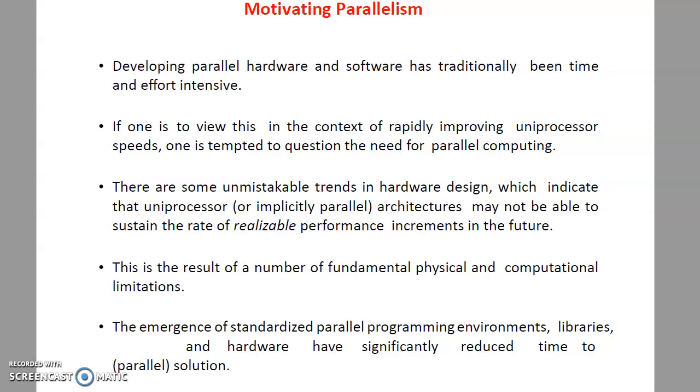As time went on, parallel programming environments, libraries and hardware were designed which made it very easy to develop parallel solutions, reducing the time to develop them. So that also was a reason that people started moving towards parallel computing platforms.